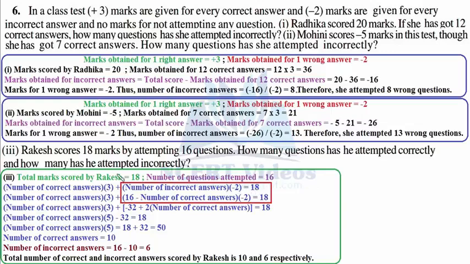Now writing the same thing here, plus solving this thing. The number of incorrect answers will be 16, that is total attempted by him, minus the number of correct answers. So this will give him the number of incorrect answers. And again, minus 2 as it is, equal to 18.